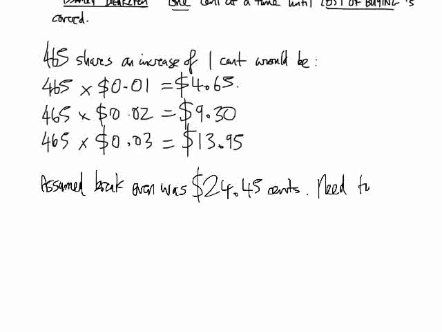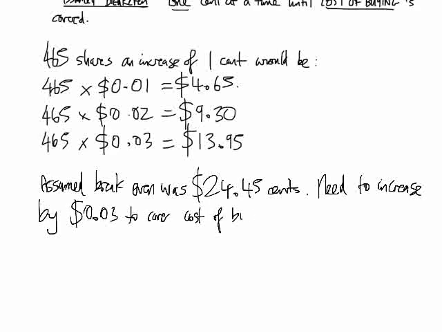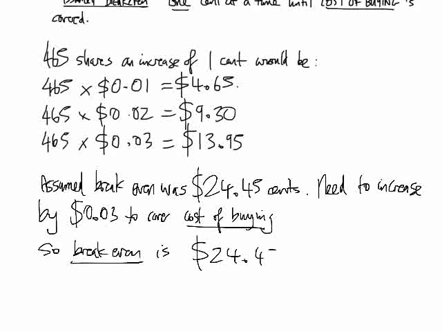Need to increase by 3 cents to cover cost of buying. So by the end of this step 5, we have decided it needs to be increased by 3 cents. So break even is 3 cents more than that, which is going to be $24.48, and that should be what it says in the back of the book.